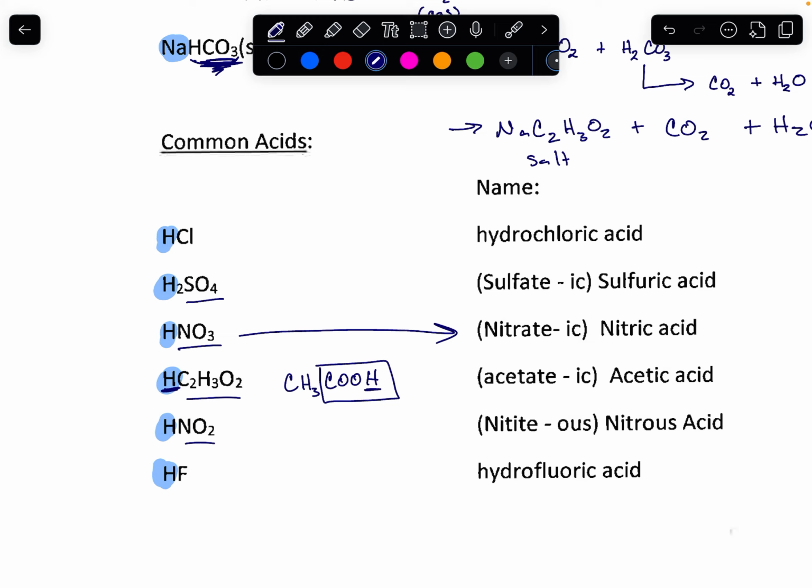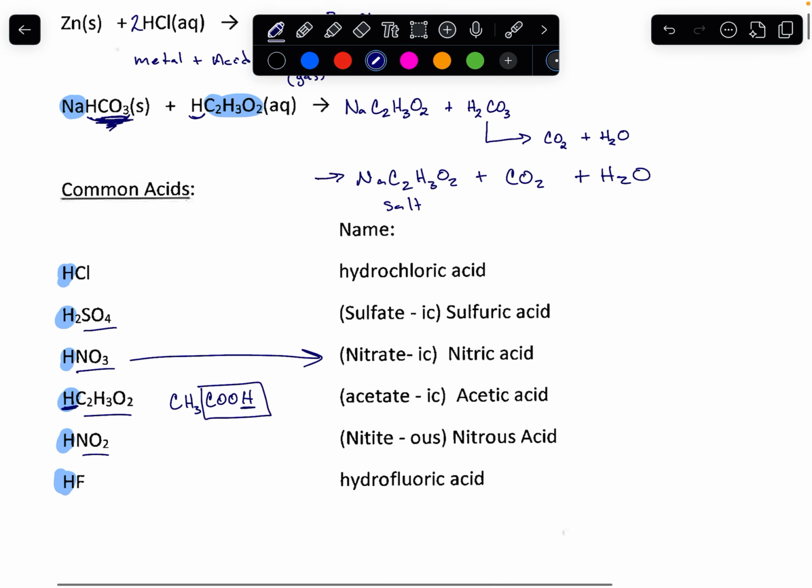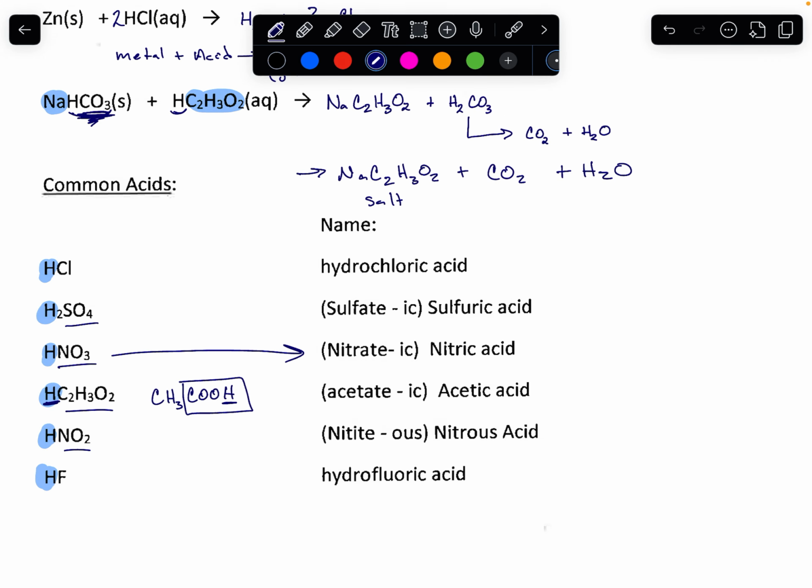If my polyatomic ion ends in ATE, to get the proper name of the acid, I'm going to drop the ATE and replace it with IC. So nitrate becomes nitric, and I'm just going to add acid to the end. Acetate becomes acetic acid.